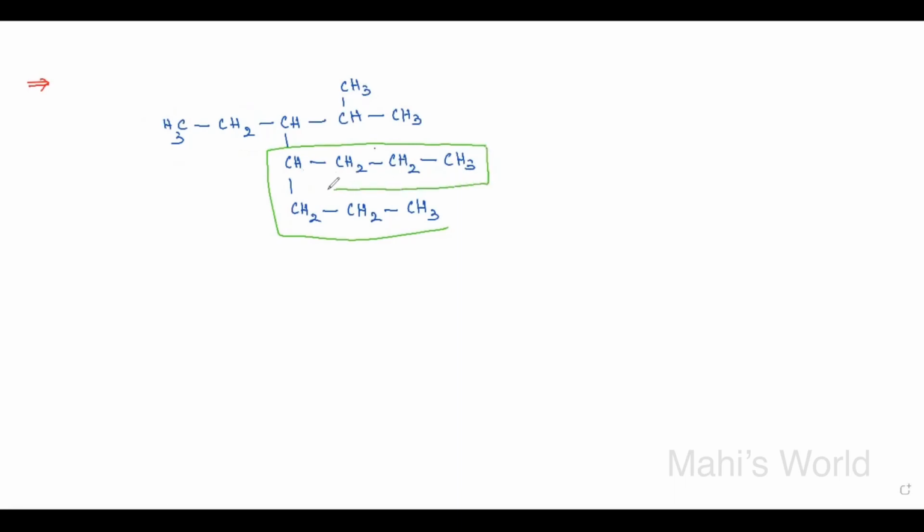Even if this is treated as the parent chain, you'll get 7 carbon atoms, but only one connection. This is the only connection that you have to the parent chain. So it is 7 carbon atoms with only one side chain or one substituent. Earlier one had 7 with 2 side chains.